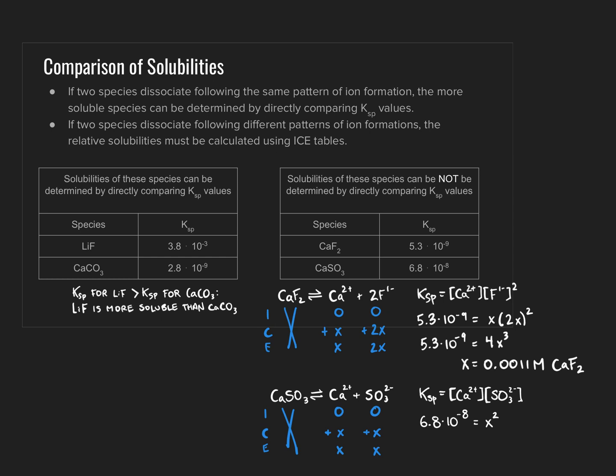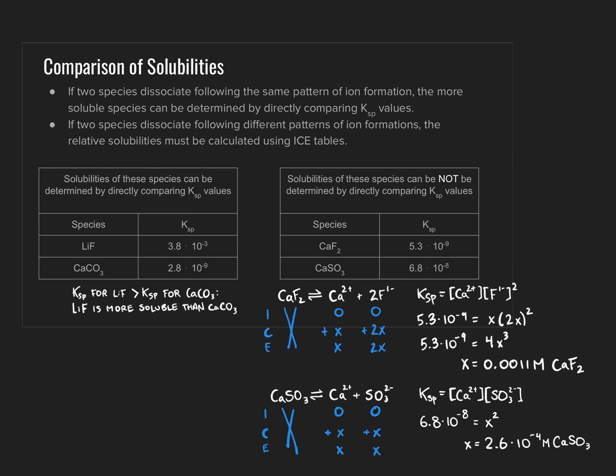And then all I need to do here is to square root both sides of that equation, and that yields me an x value here of 2.6 times 10 to the negative 4th molar for my molar solubility of calcium sulfite. So let's now go ahead and make our comparison of those molar solubilities.